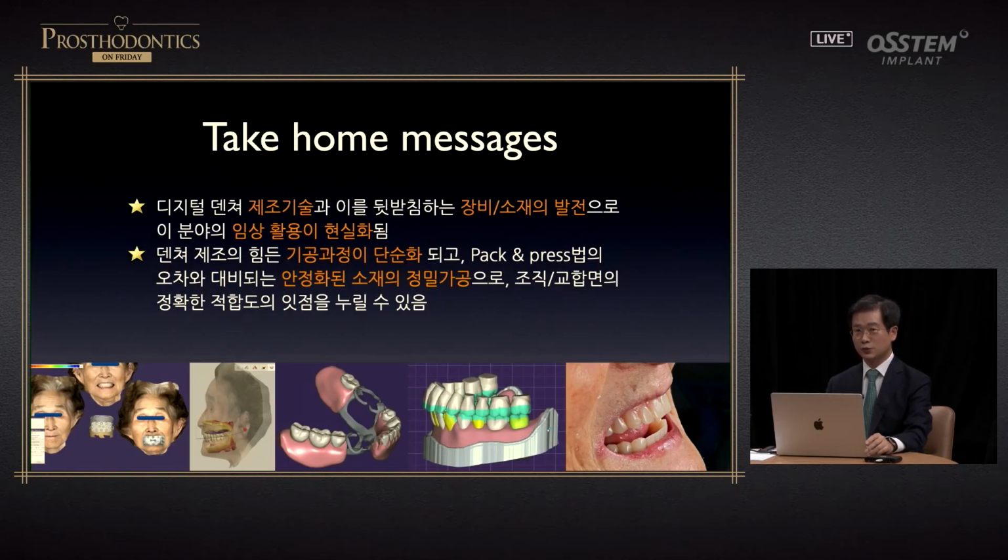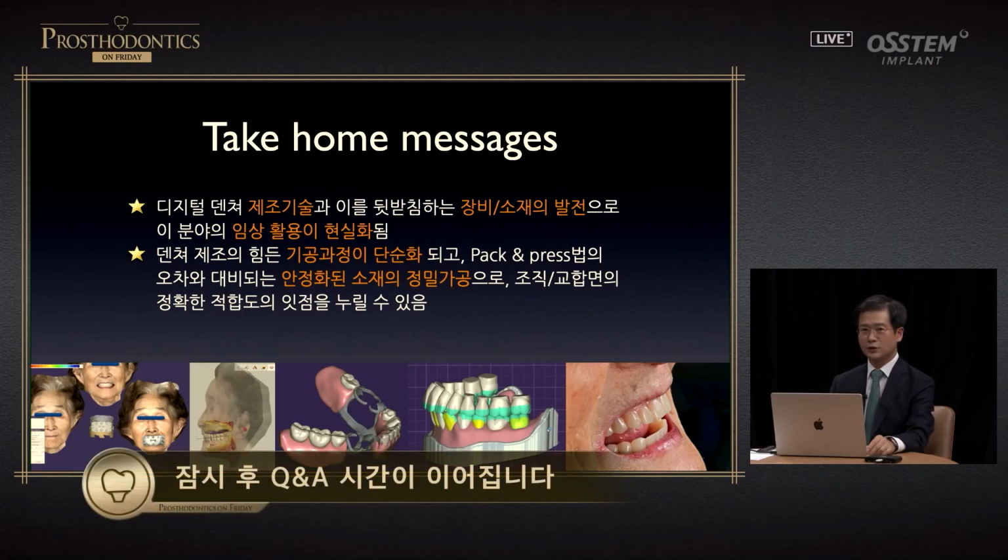It's still at the pioneer and pilot level, but with technology and material advancement, I believe we can soon use it in clinical settings. Pack and press still has a few errors, but with precision milling using stabilized material, the lab step, which is very labor intensive, can become simplified.